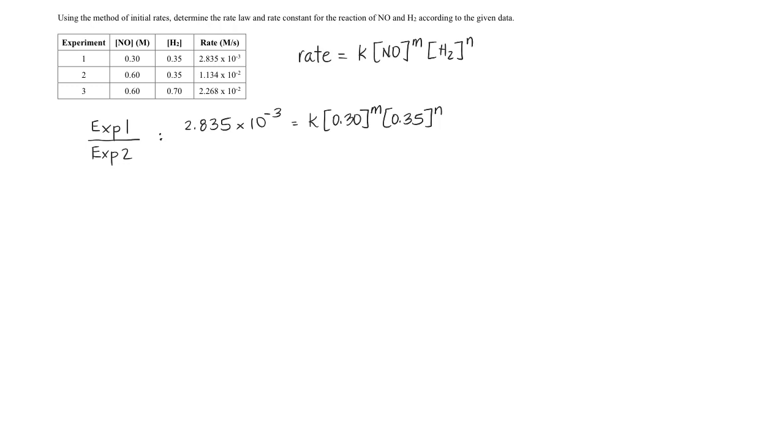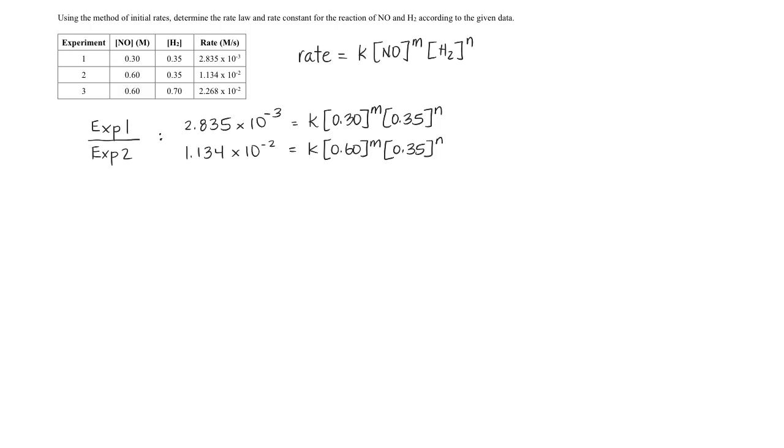I'm going to do the same thing for experiment 2. Experiment 2 has a rate of 1.134 times 10 to the minus 2, and that will equal some rate constant k times the concentration of NO, which is 0.60, raised to the m power, times the concentration of H2, 0.35, raised to the n power.